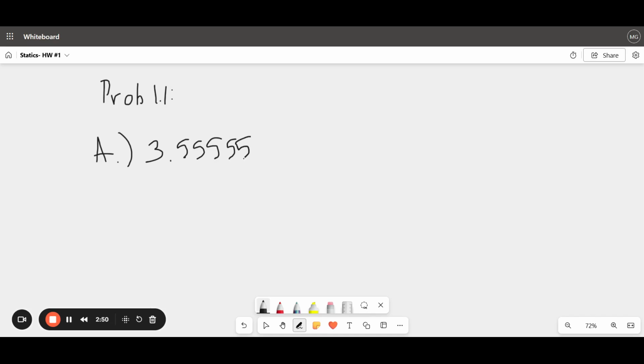Pretty big number. Now, I want you to put this into 3 significant figures. So they just want 3. You can already see we're just going to round to the hundredths place. So just go next door, round it up, and that is going to equal 3.56 meters. That's going to be your answer for part A.